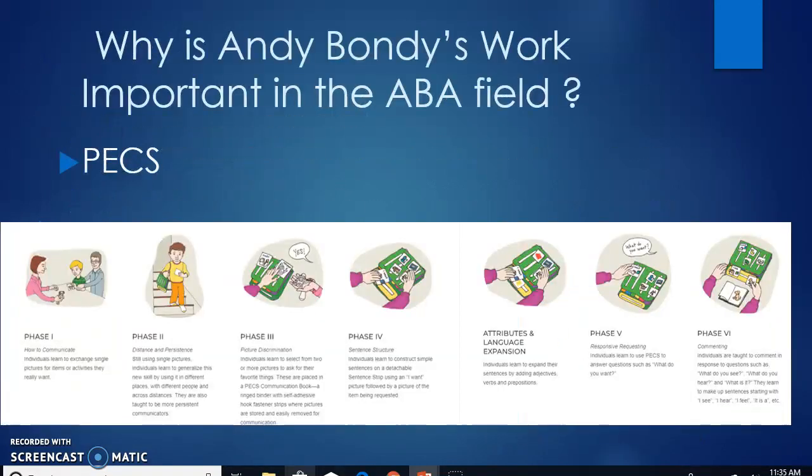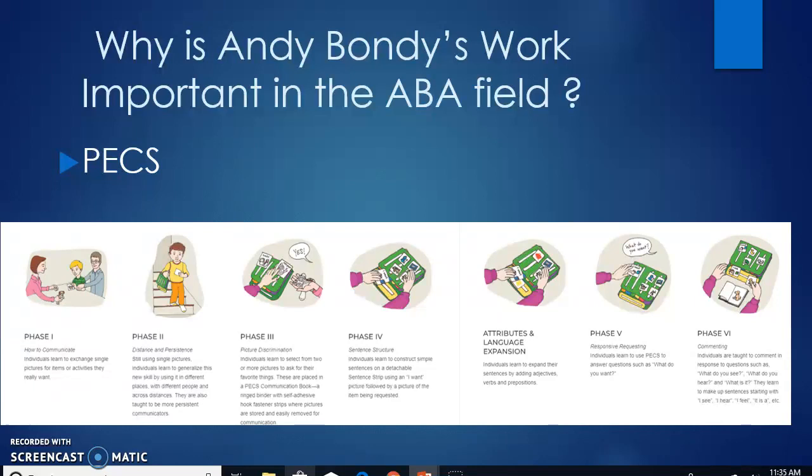So I would like to go to my last slide. The Picture Exchange Communication System is a way for individuals to communicate using icons. It is beneficial for individuals with autism and anyone who has a language disorder. PECS is taught in different phases.